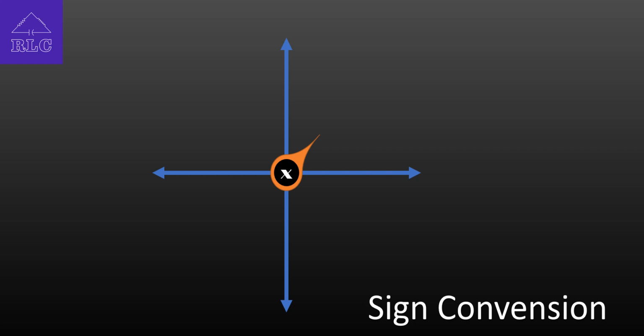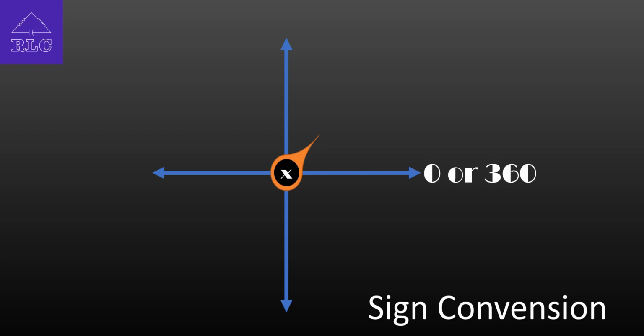So here I have drawn two coordinate axes. Let us see the details of the coordinate axes. The right side, that means the positive side of the x-axis, we are taking as 0 degrees.